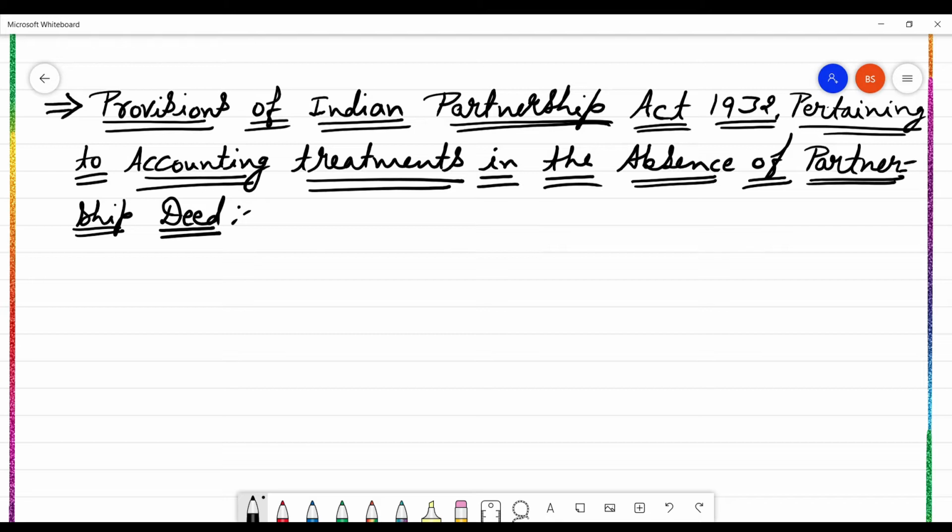If the loan's interest is not mentioned in the partnership deed, in that condition 6% per annum interest will be paid to the partner. Seventh, in case of any reasonable expense incurred by the partner for the firm, the partner has the right to reimburse it.